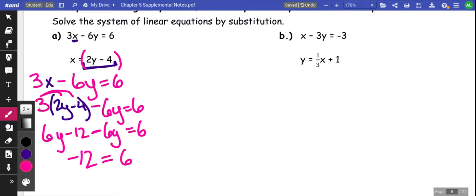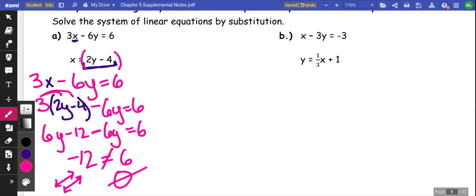But when this happens, you should be thinking, oh, I have a special case here. When it looks like this, where negative 12 isn't equal to 6, that's going to be no solution. This is one of these where we have 2 parallel lines that aren't intersecting with each other, right? So that's what happens when they're not equal.